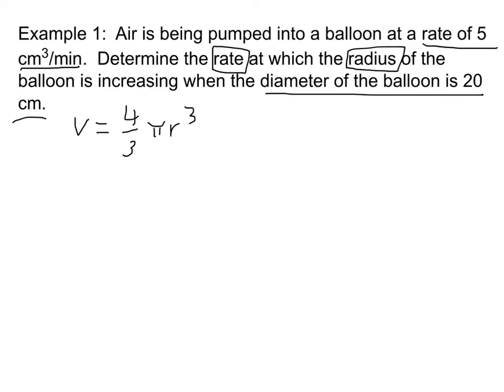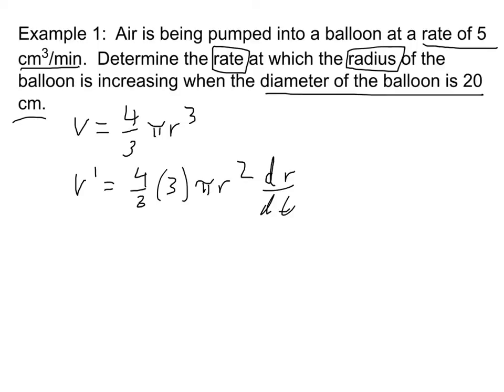I'm trying to find out when we have the volume changing, so V prime is equal to 4/3 times, if we take the derivative of this, we get 3 times pi r squared, and then it's dr dt.